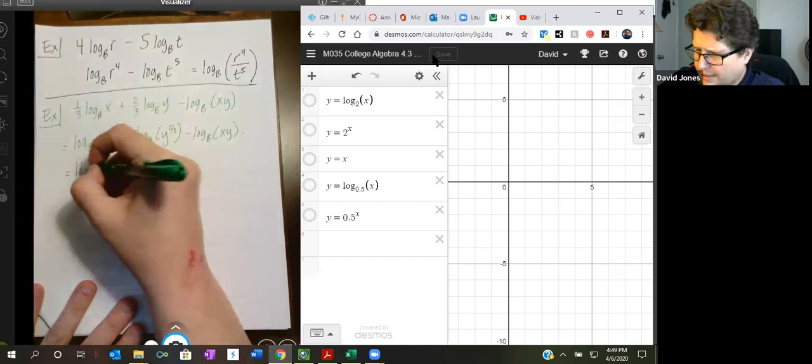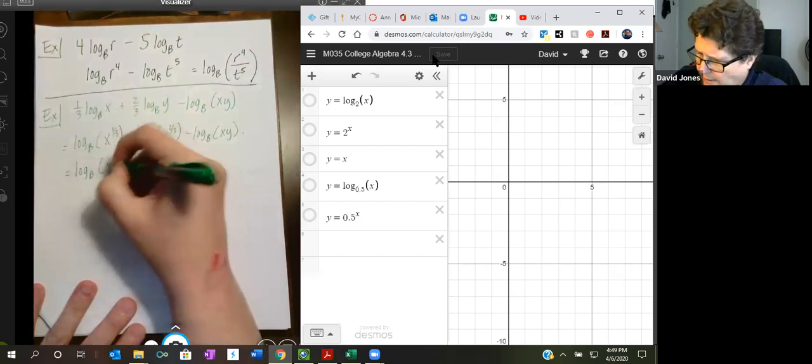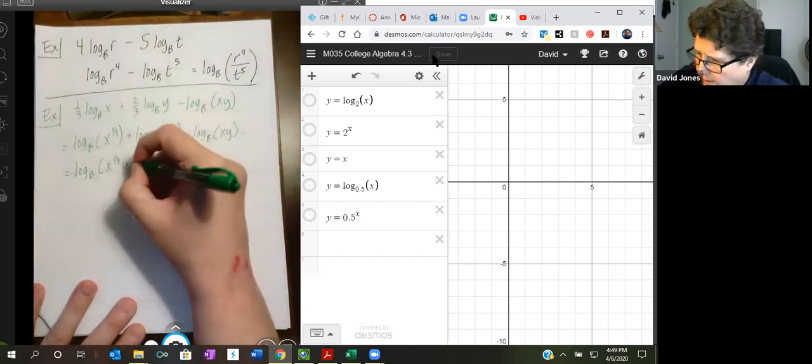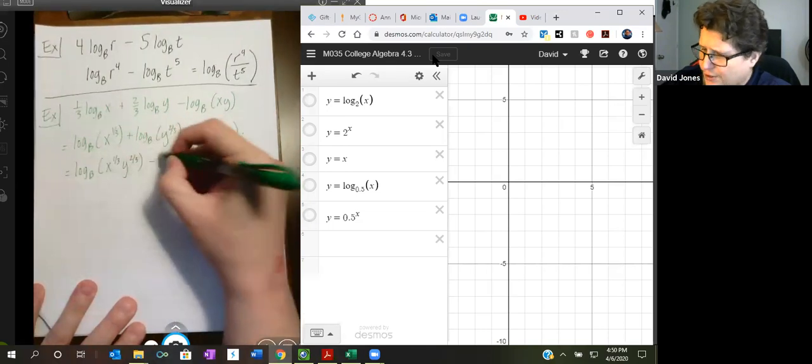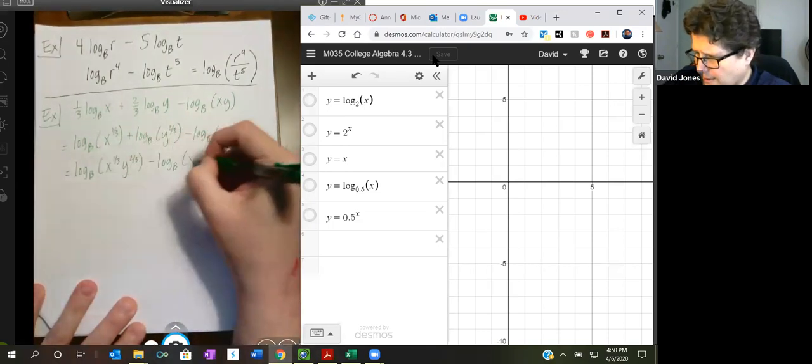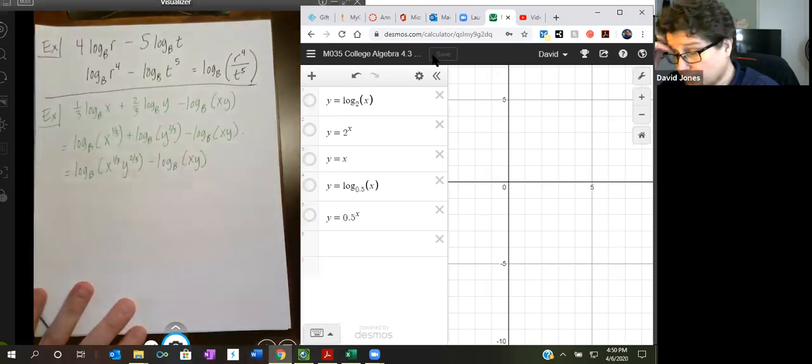And now we can put them together. And I'm doing these in steps. If you can do multiple steps at once, please do so.